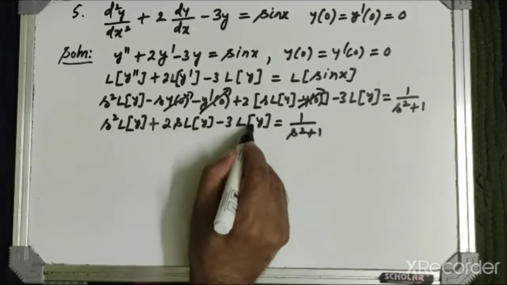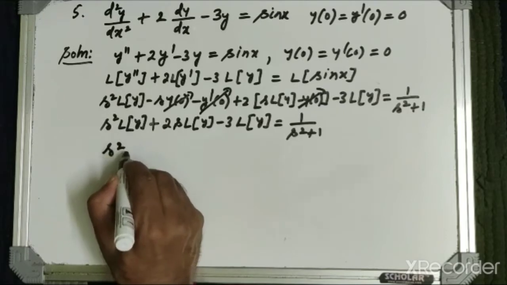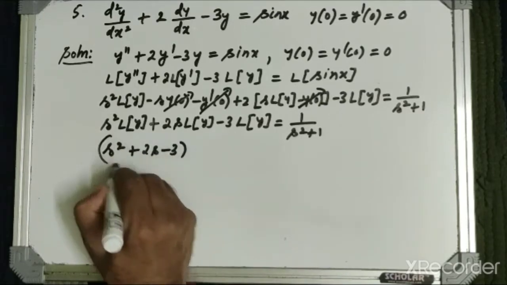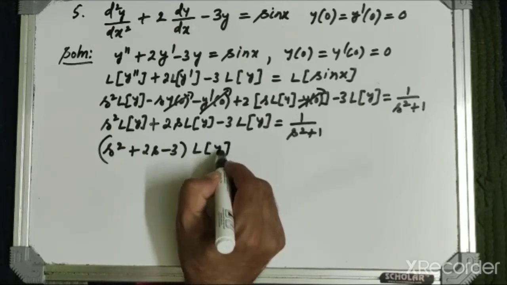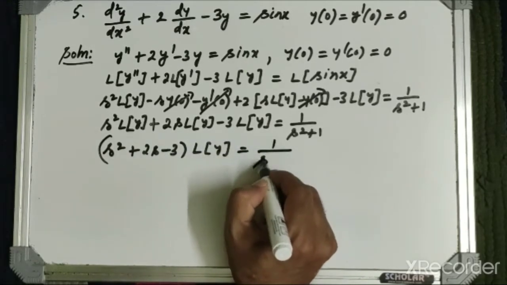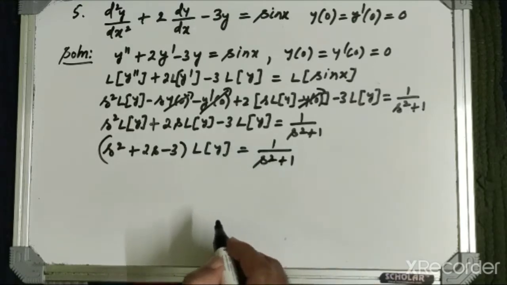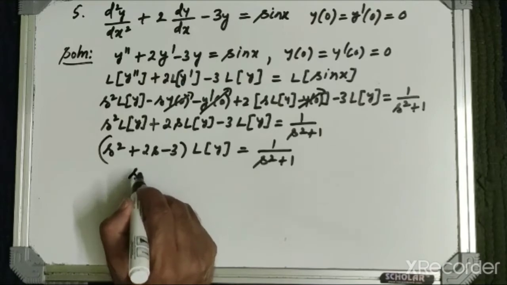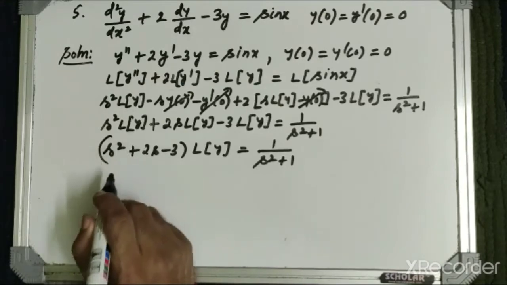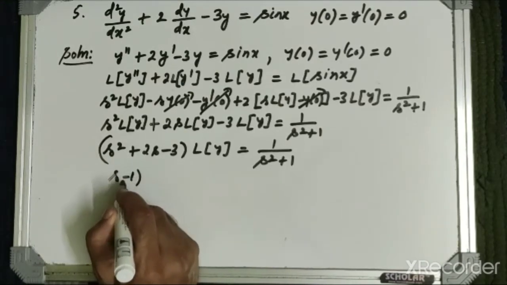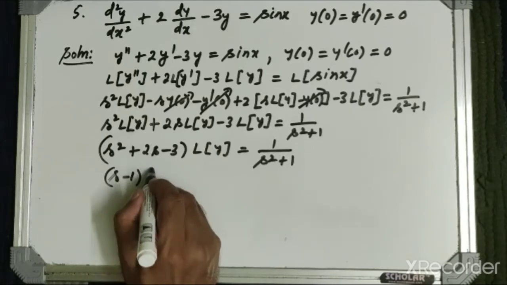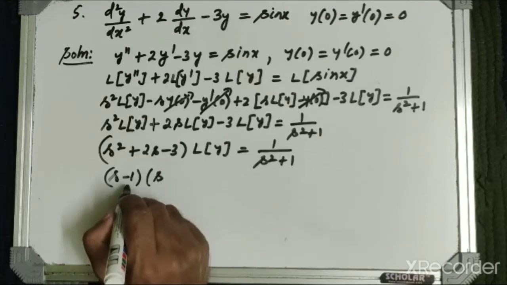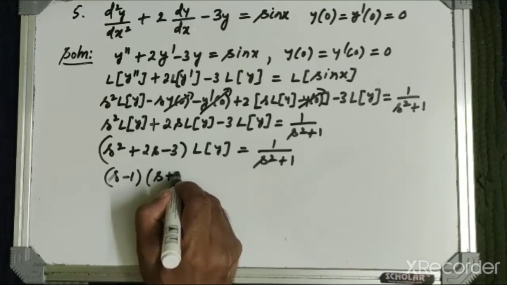Now if you take L of y common, the left hand side can be written as s square plus 2s minus 3 into L of y, which is equal to 1 by s square plus 1. So s square plus 2s minus 3, if you do the factorization, can be written as s minus 1 into s plus 3.